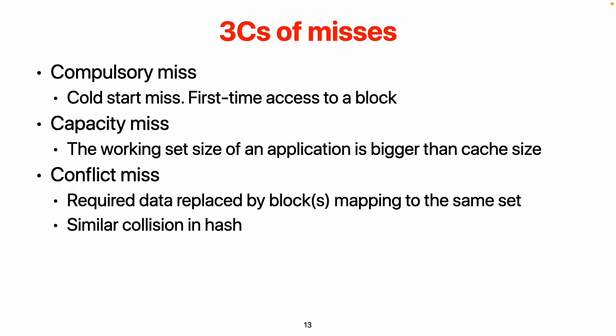What does that mean? No matter how I change the cache configuration, as long as there's not enough capacity, it's going to be a miss anyway. That's capacity miss. And the third type of miss is conflict miss.